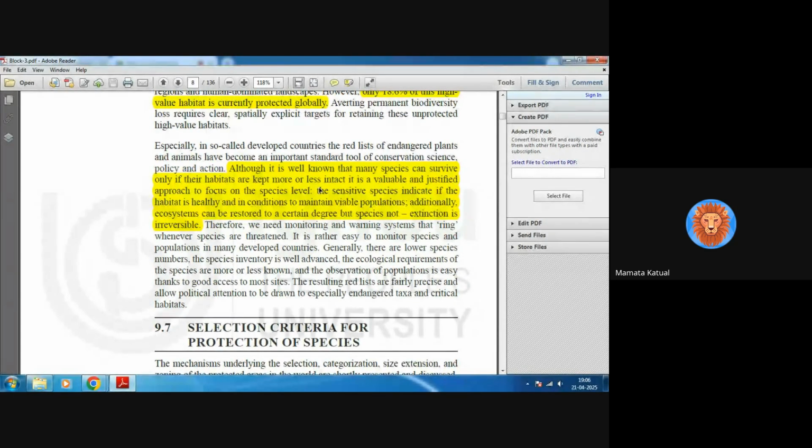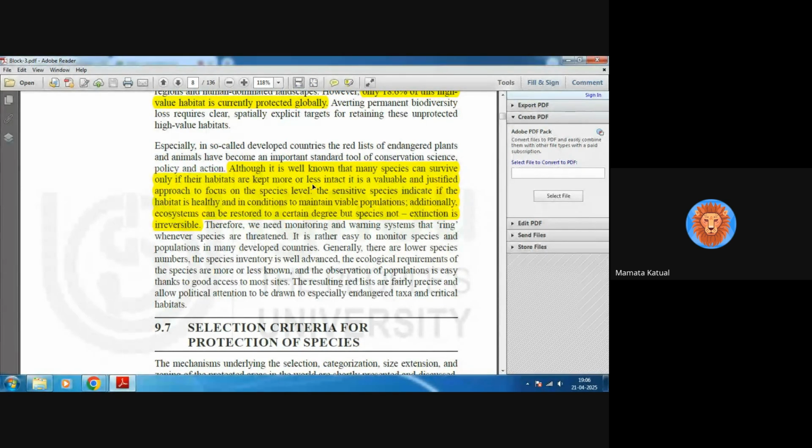So if in a habitat many organisms are present, there are some organisms which are very sensitive. That means if there is some change in the habitat, they will not survive. And these species are sensitive species.